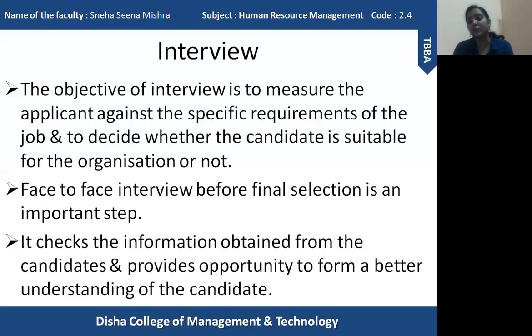So it is also used for collecting and obtaining some extra information which the candidate couldn't reveal in the application blank or various other tests or procedures. So it also helps in getting other information which is not mentioned in the application form or any other step of the selection procedure.